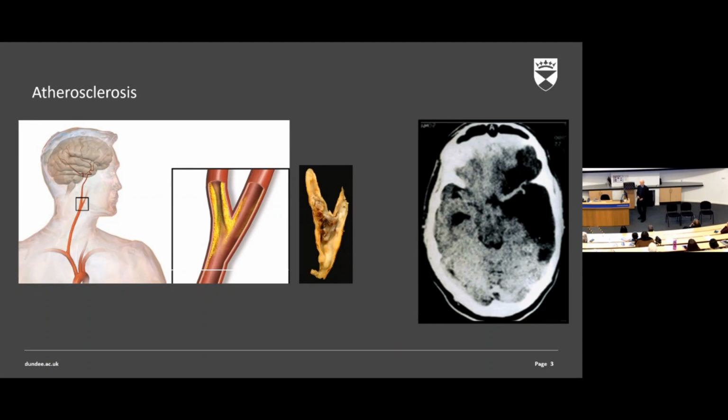This is the disease in the carotid artery. And if that plaque ruptures, then the contents will spill downstream, and this leads to clinical events such as heart attack, if it's in the coronary arteries, or stroke, if it's affecting the brain. So a lot of attention is paid both in clinical diagnosis, clinical therapy, and in research in this area.